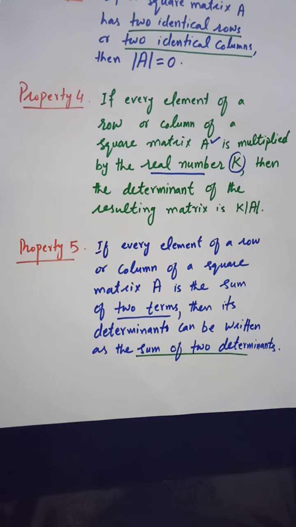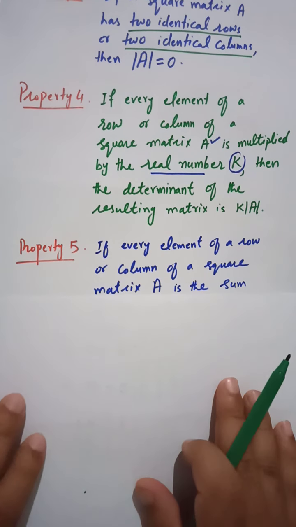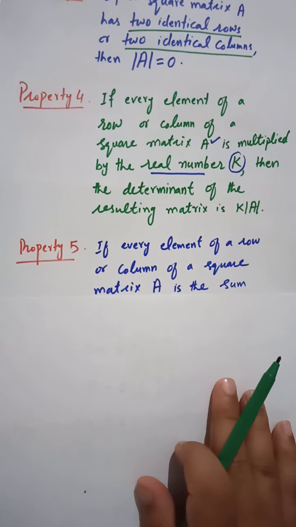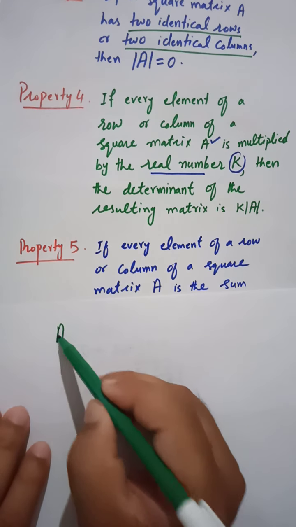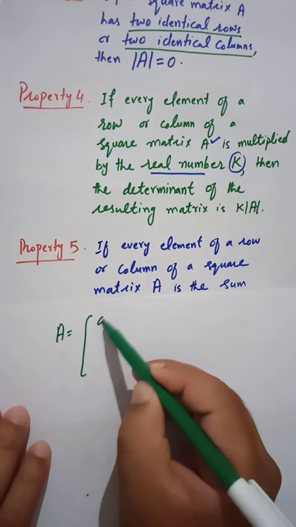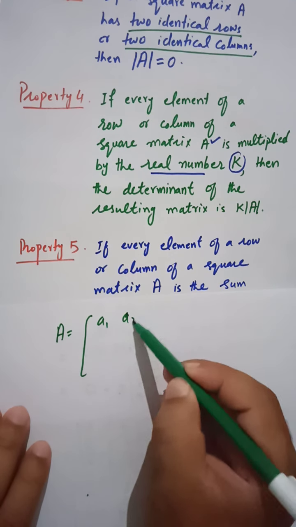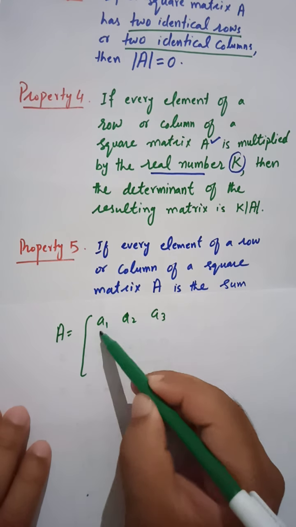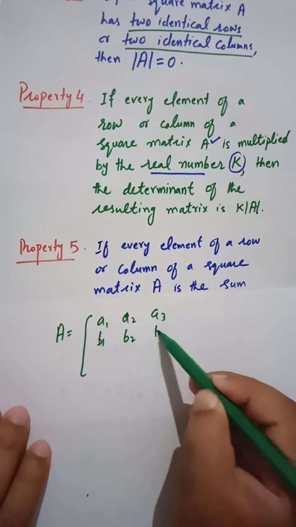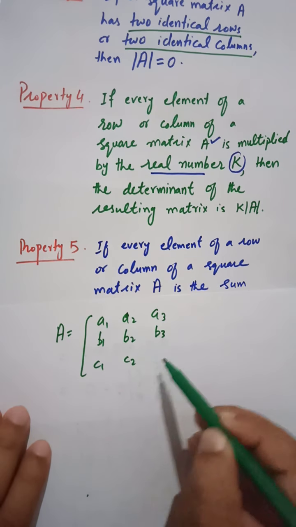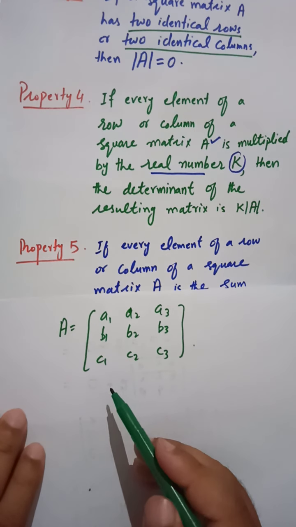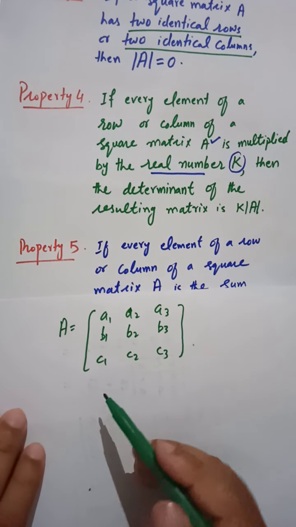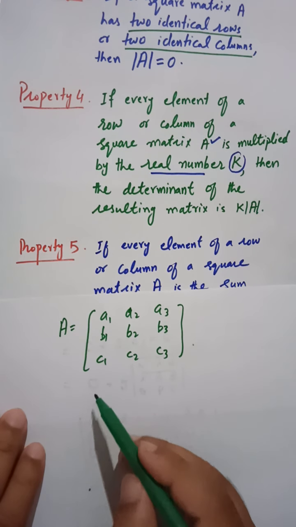Now property number 6. What does property number 6 say? Let's say we have a matrix A in the form of A1, A2, A3, B1, B2, B3, C1, C2, C3, and let's say I do the row operations.